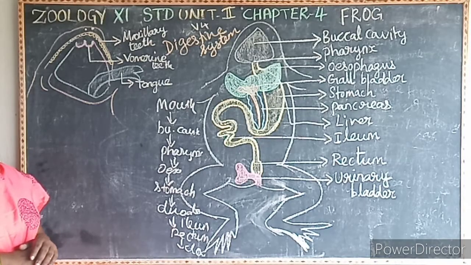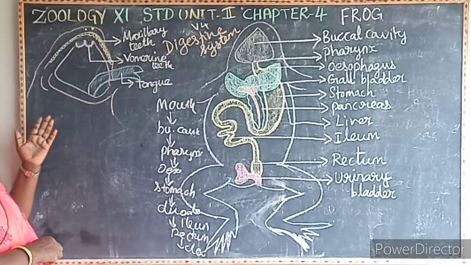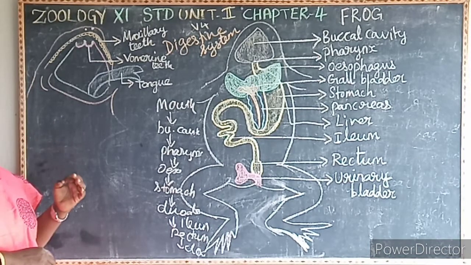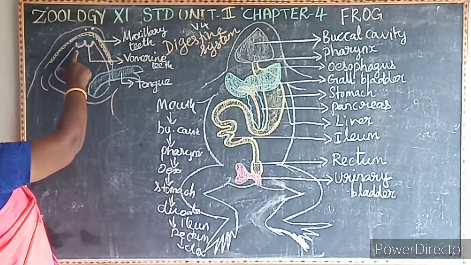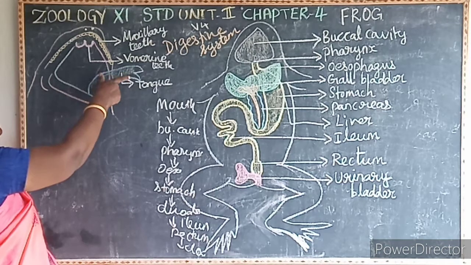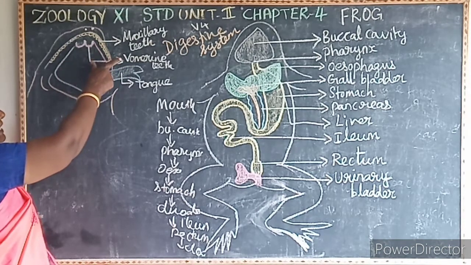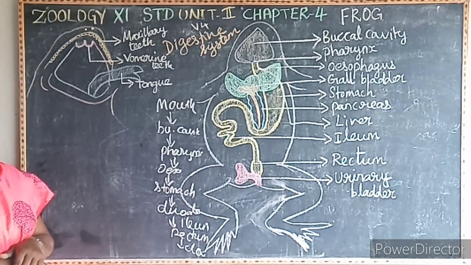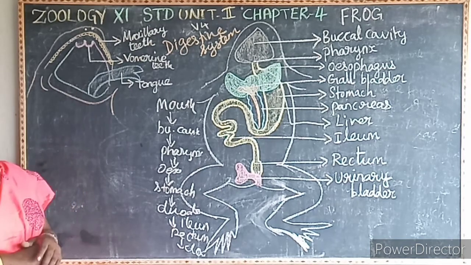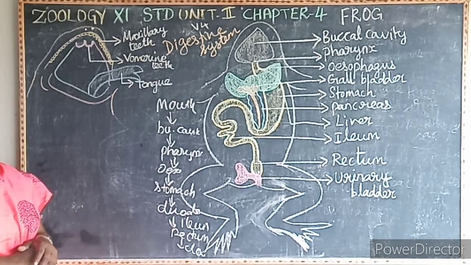You can get a 1-mark question asking where the vomerine teeth are present. A group of vomerine teeth is present on each side of the internal nostrils. The maxillary teeth are present on the upper jaw. In the lower jaw, there are no teeth.